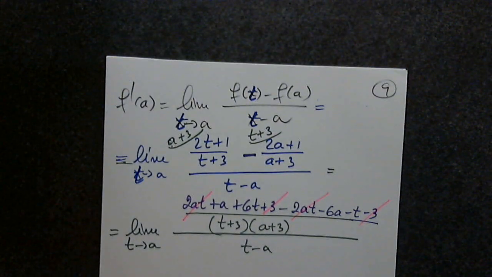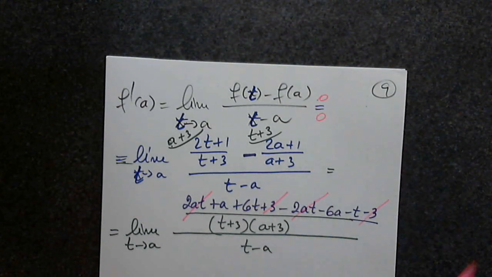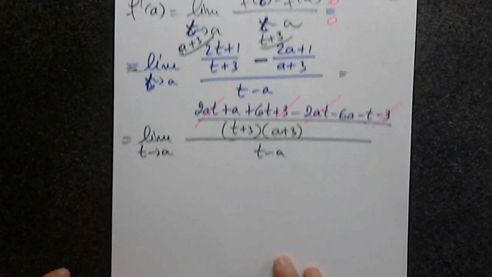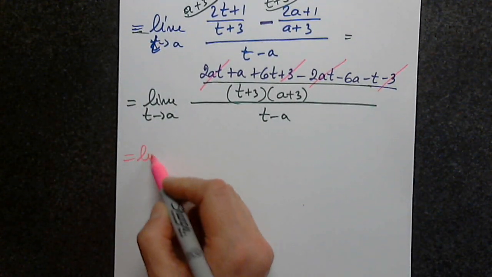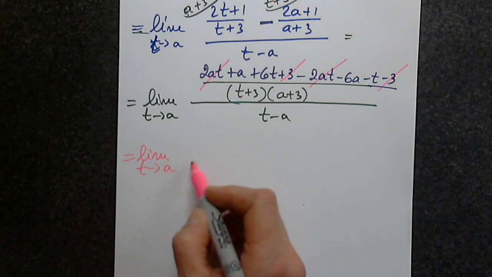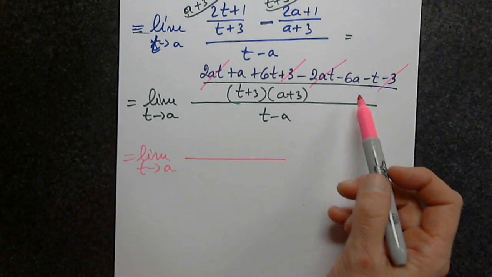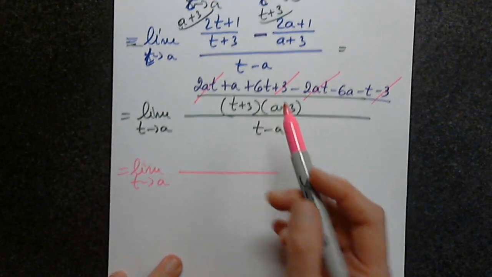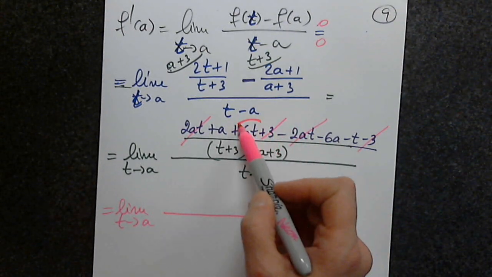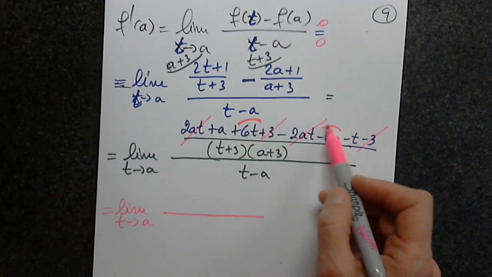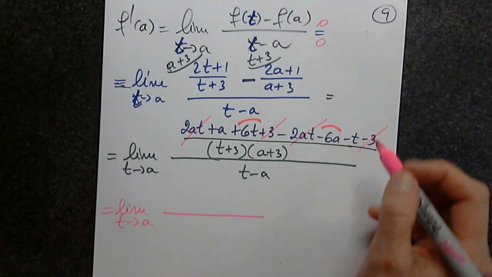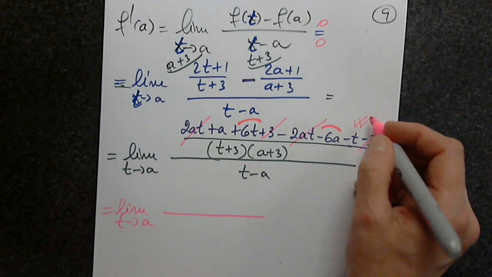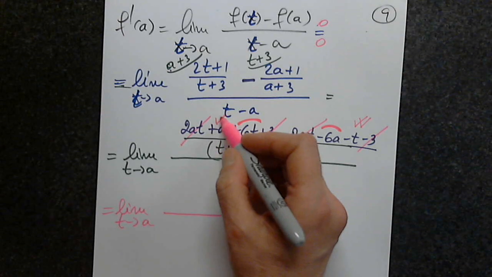I didn't say let's plug it in because we already know it's 0 over 0 from the very beginning. To find the limit, so this is limit as t approaches a. The numerator, look at what happens here: 6t with negative 6a and negative t with positive a.